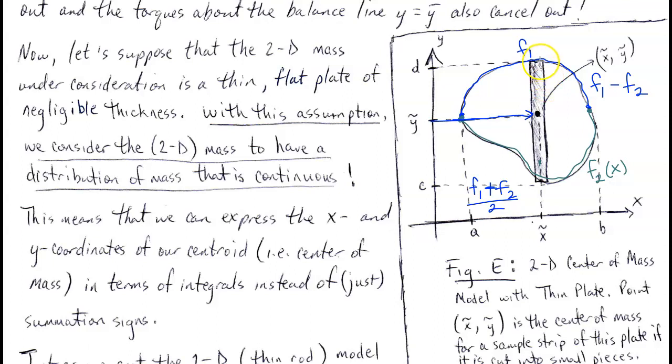But just in looking at that, f of 1 minus f of 2 would actually put me at about here. And then if I took half of that, that would put me about here. Okay? So what we want is f of 1, which is this total length from down here up here, and then f of 2, which is a little bit more, and then we want half of that, which would get us down here. Okay, so those are like the small little nuances that we have to pay attention to whenever we are modeling these situations here to find the center of mass, both for the x coordinate and the y coordinate for it. Okay.